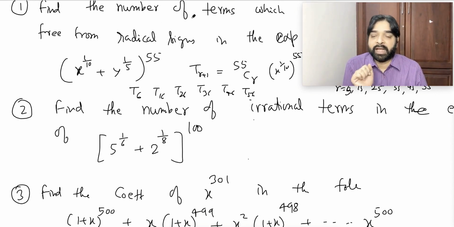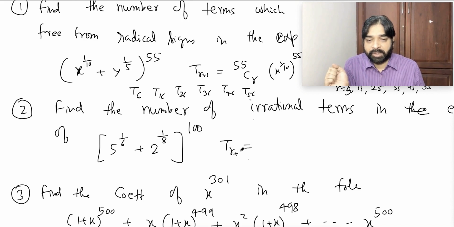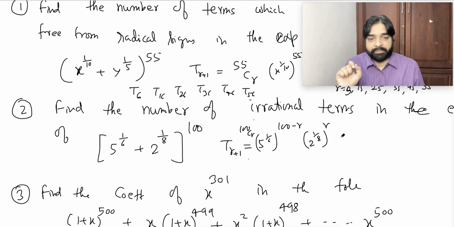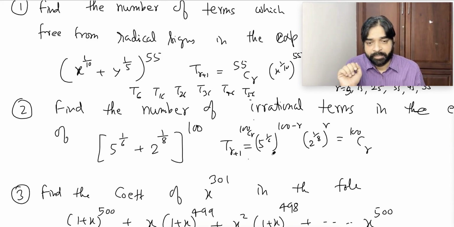Next, find the number of irrational terms in the expansion. So for irrational terms, what should we do? We should again find the r plus 1th term, and that will be equal to 100 CR, which I forgot to write, into 5 power 1 by 6 raised to 100 minus r into 2 power 1 by 8 raised to r. 100 CR we don't worry about, this is always an integer, so it will be rational.